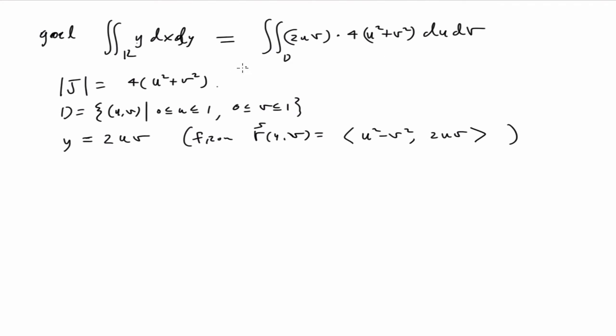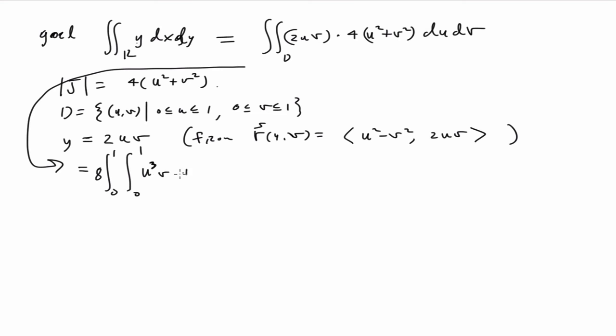All right, so I'm going to move this down here, keep going, and I know to do the iterated integral, I go 0 to 1, 0 to 1, and now all I have to do is, I see there's a 4 and a 2, I'm going to turn that into an 8, put it out front, and then that's going to become u to the third times v plus v to the third times u, du dv.